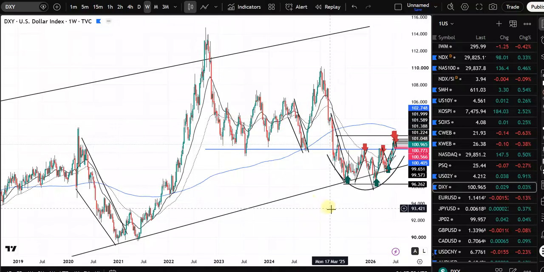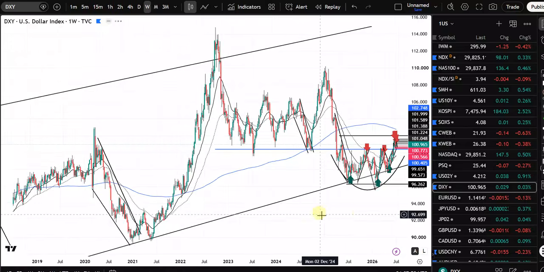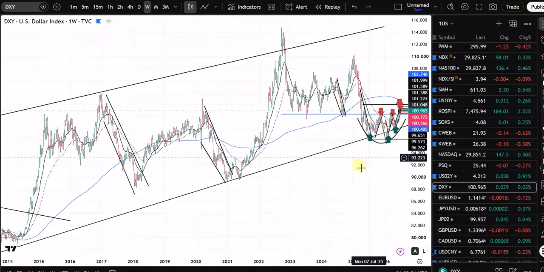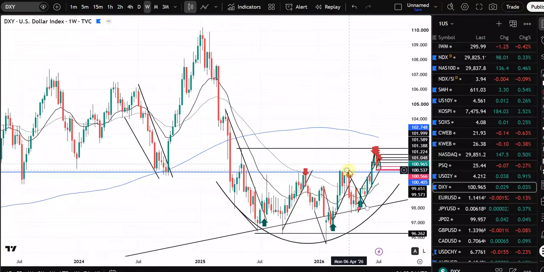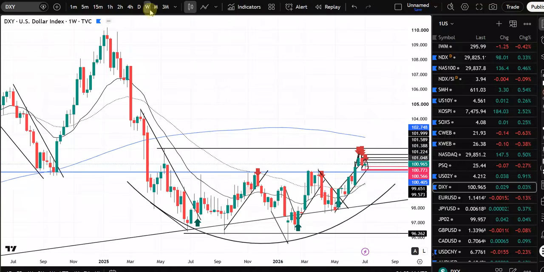But now there's been a bit of talk about the dollar's strong. So here we are. So we're at the bottom of this major trend line here. So we are forming a rounded bottom, which is a bullish sign.